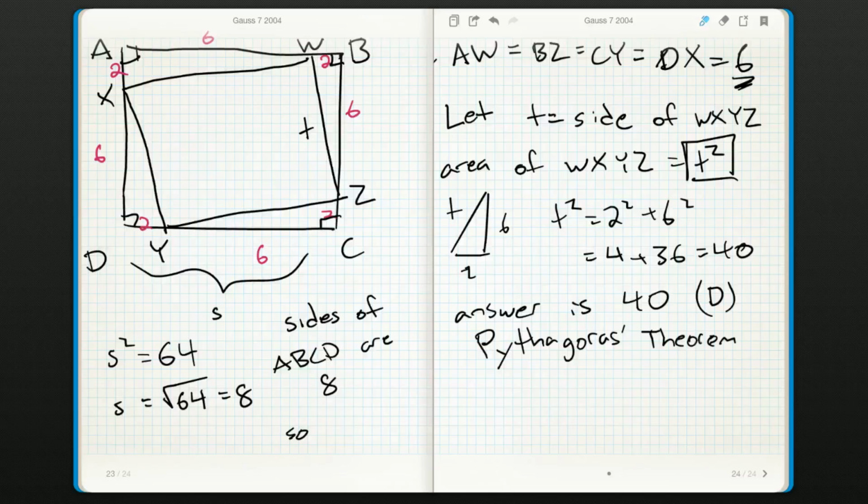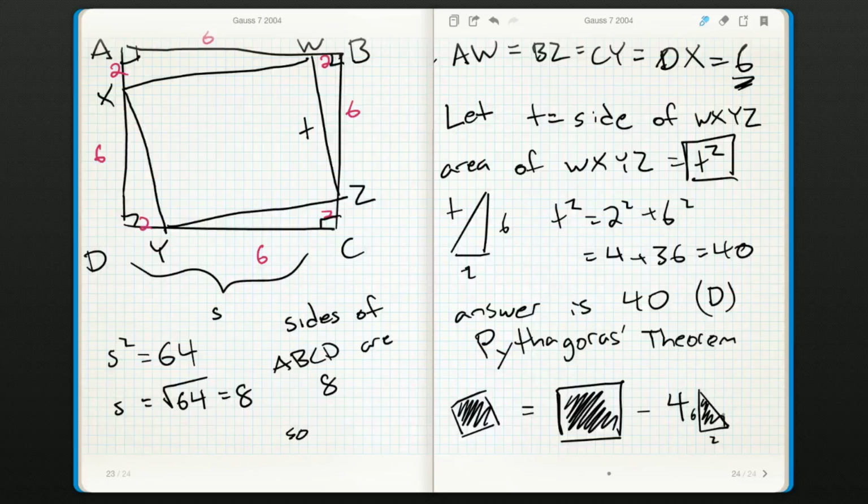So another way we can do this is to realize that our smaller square is really just the area of our big square, ABCD, minus all of these right-angled triangles. And they're all the same right-angled triangle. So minus 4 of these guys, which have a 6 and a 2.